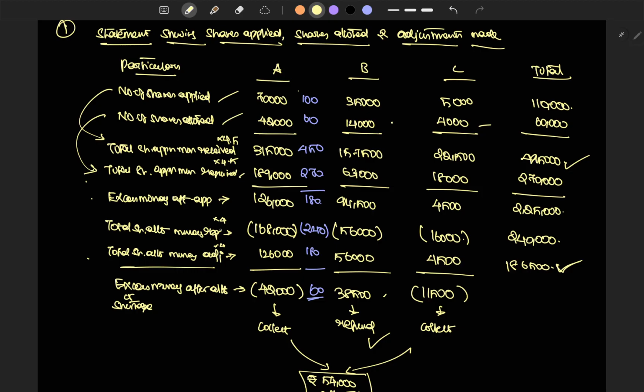So this requirement is purely based on allotment. Receivable is purely based on applications. Excess is the amount we have left over after set off with application. And after the allotment money requirement, we know how much has to be adjusted and how much has to be refunded.